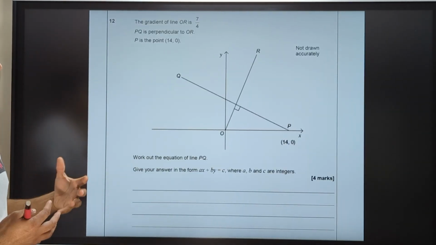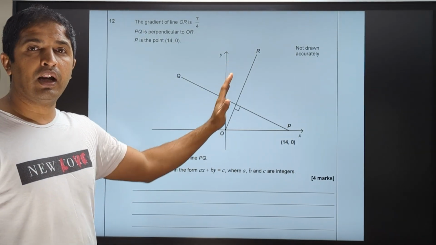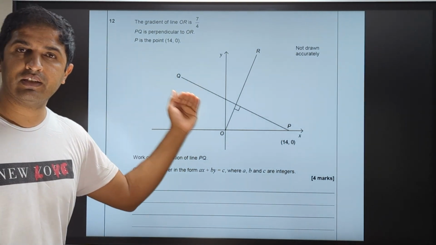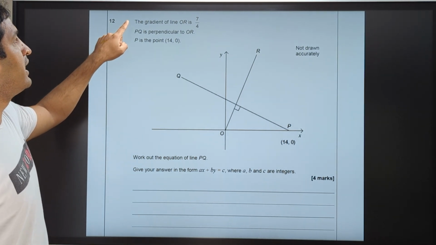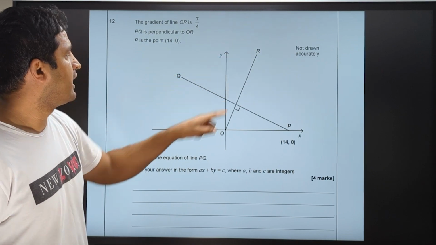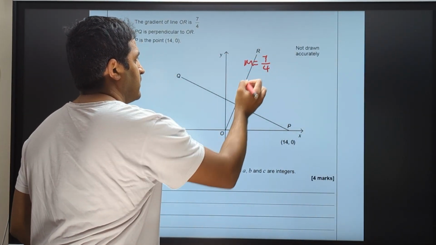Another question like that, again graphs, equation of straight lines, and the normal line, that's become slightly trickier, but we know these things here. This is just a recap. You should be able to do this without massive problem. The gradient of the line OR, so this line here, is 7/4. Okay.